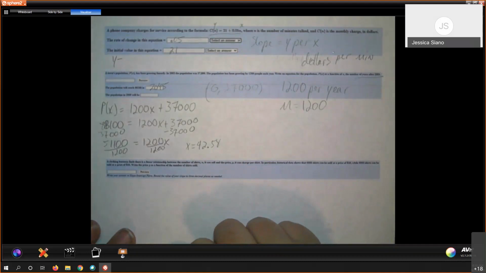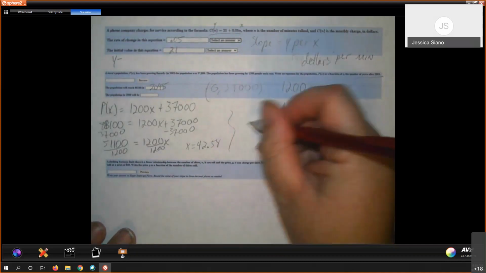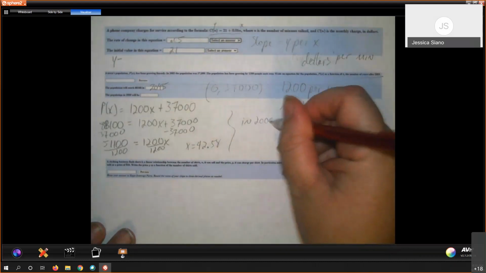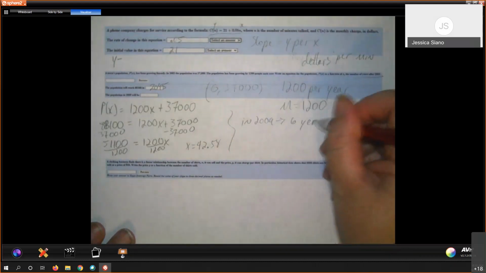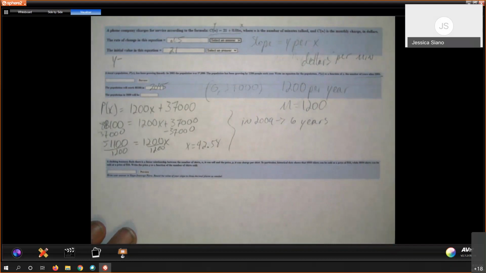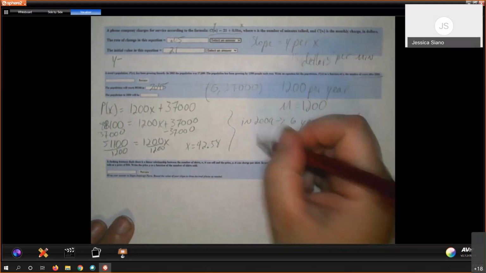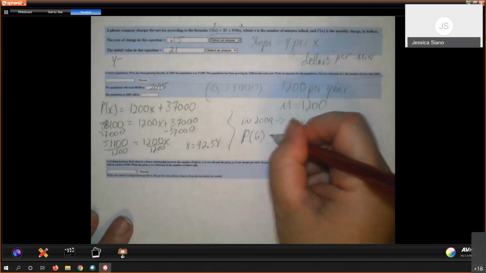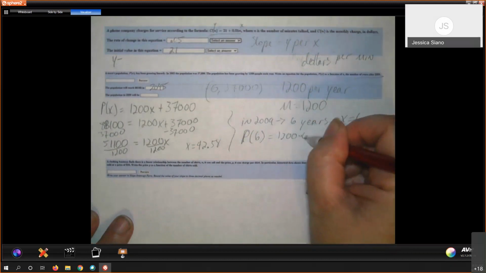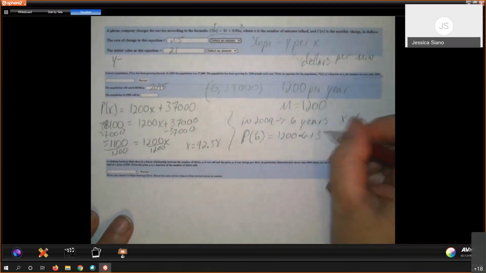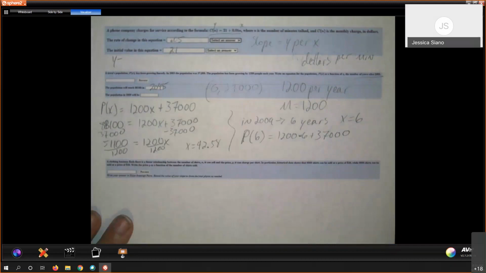Okay, the population in 2009. Well, 2009 is 6 years since 2003. So we're going to plug in 6 for X. $1,200 times 6 plus 37,000.